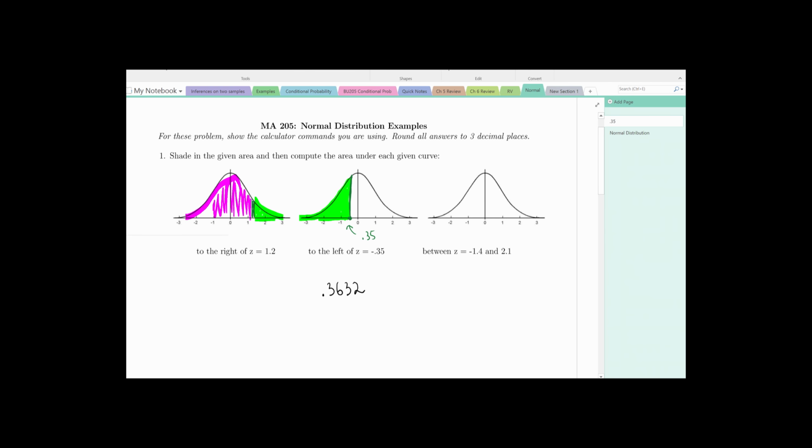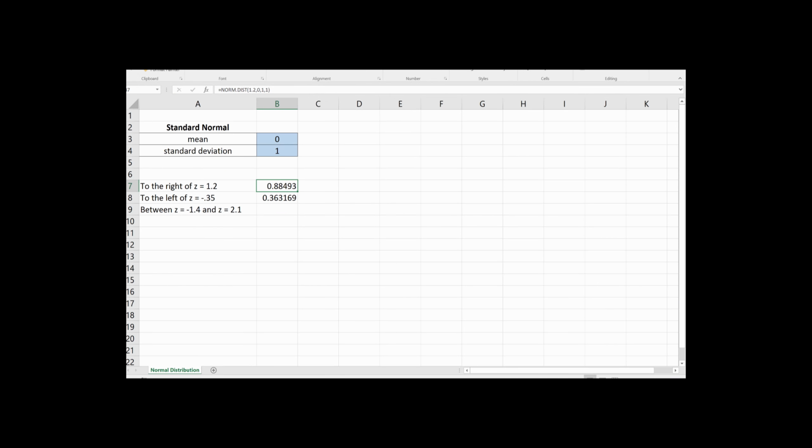So it's always a good idea to just use common sense to check your answers, okay? This area right here is 0.885. So how would you compute this one? Well, the total area is 1, so you would do 1 minus that, and that's how you would deal with questions that say what is the area to the right of the z-score.